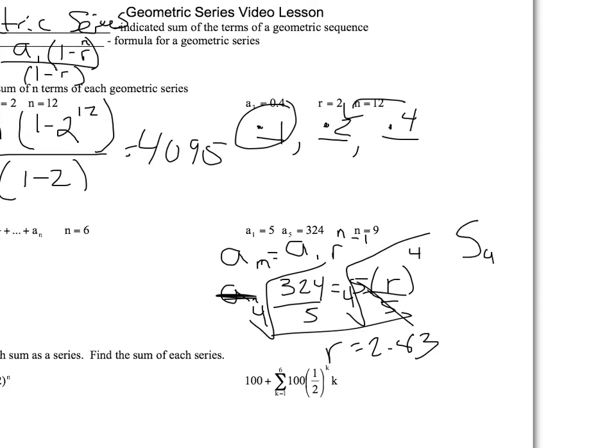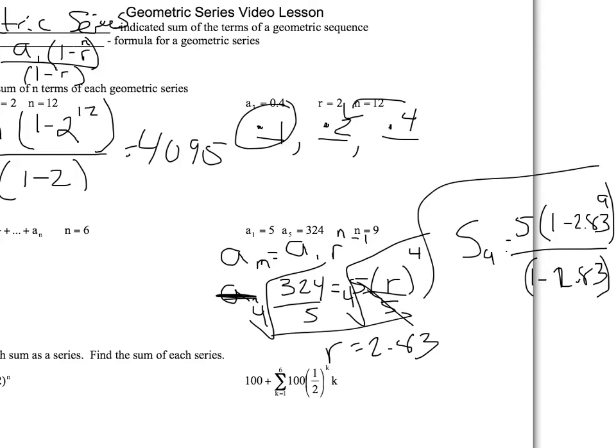Sum of the first 9 terms is going to equal A1, so 5, times 1 minus 2.83 to the 9th over 1 minus 2.83. And then when you type it in your calculator, you'll get S9 is about 32,420.